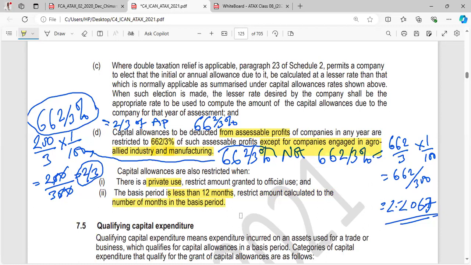If you didn't buy the asset at the beginning of the basis period, you bought it within the period, you calculate how many months the asset was put into use before you claim it. So it's restricted. Take note of that.